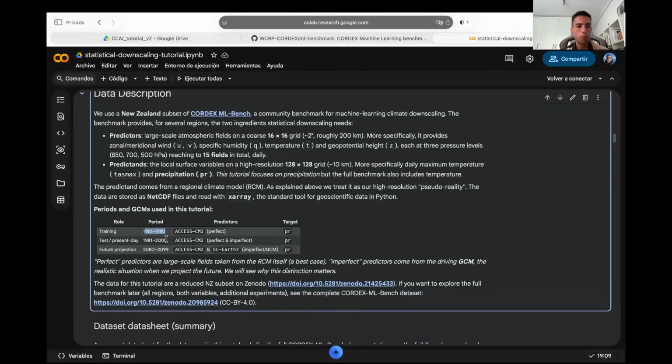Then we are going to do a first evaluation on this period. The idea here is to see to what extent the deep learning model is able to downscale in a different period to that seen in training.